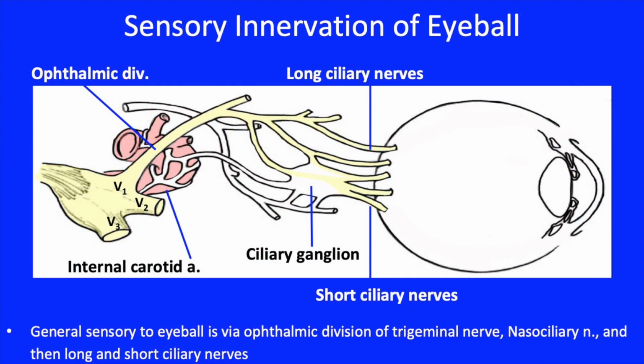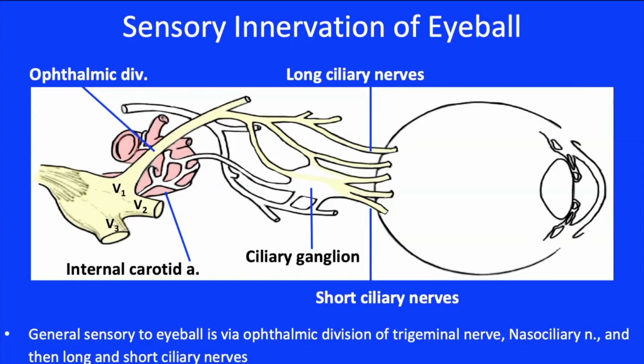Let's again review the ciliary ganglion, which you have seen previously. For this particular ganglion, we need to discuss its general sensory contribution, its preganglionic parasympathetic contribution, and its postganglionic sympathetic contribution. The sensory components of the ciliary ganglion are derived from the ophthalmic division of the trigeminal nerve.